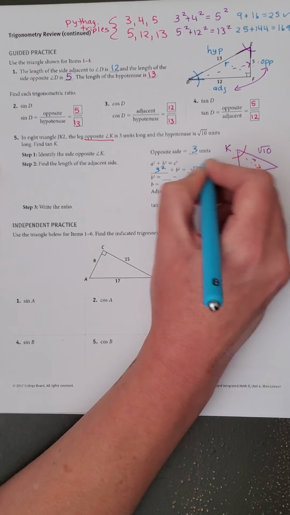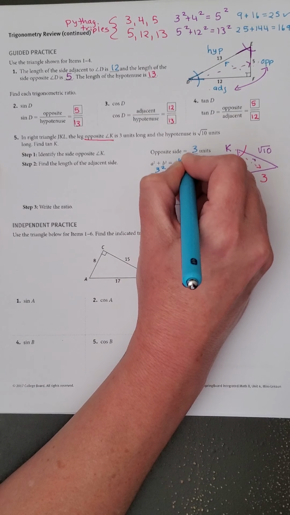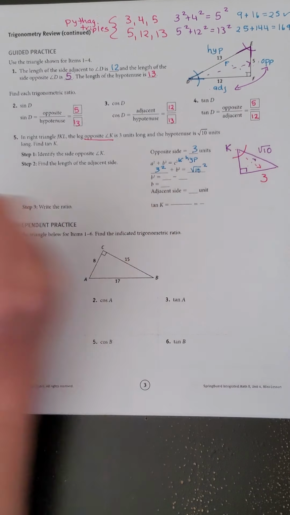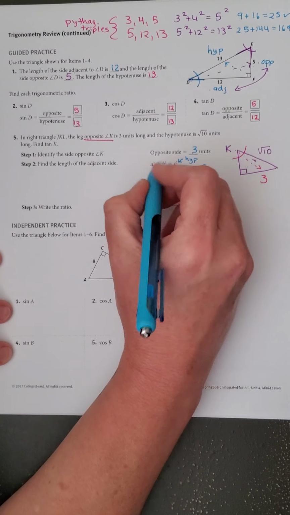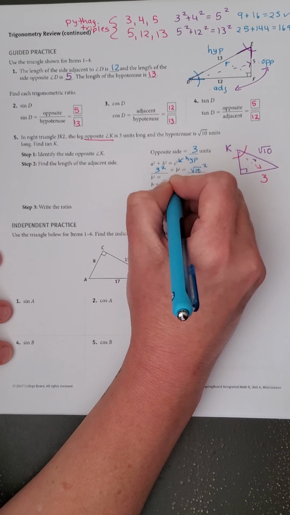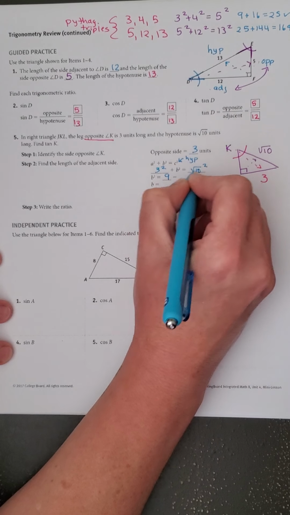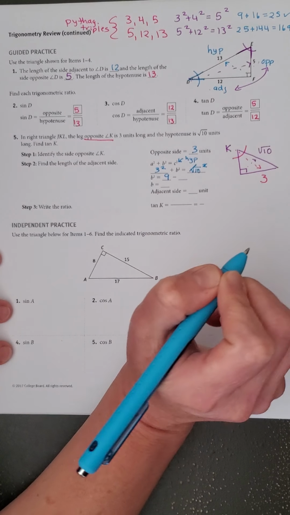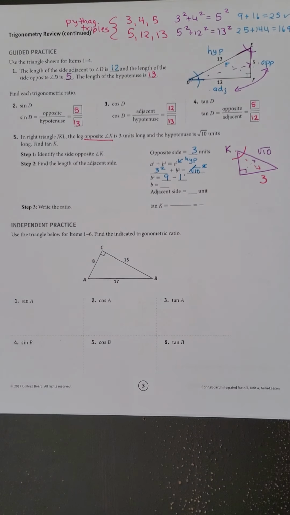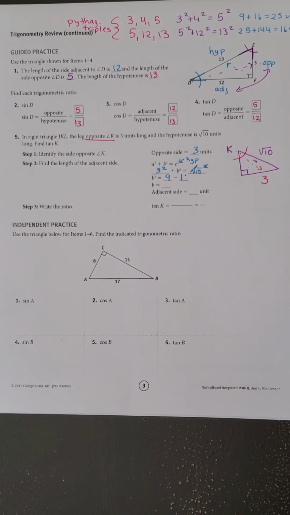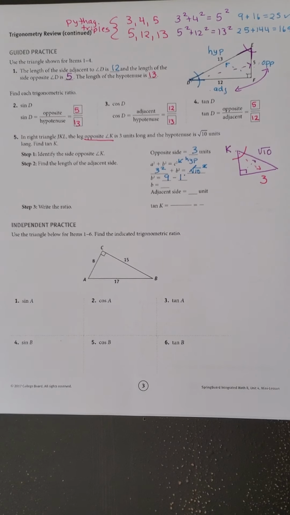Now always the hypotenuse must be c. Always. So that means that b squared equals, this is 9, and square roots and squares are inverses, so this is 10. Whoops. I've written them in the wrong order. I apologize. Let me get my white out.